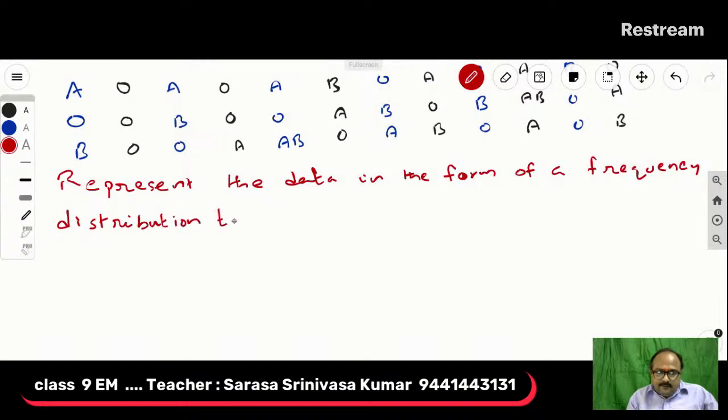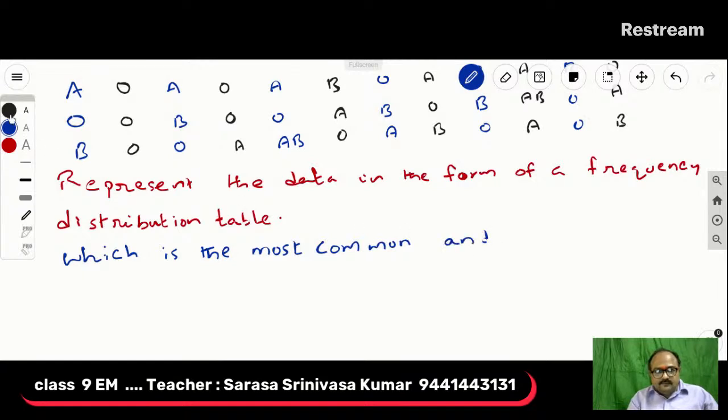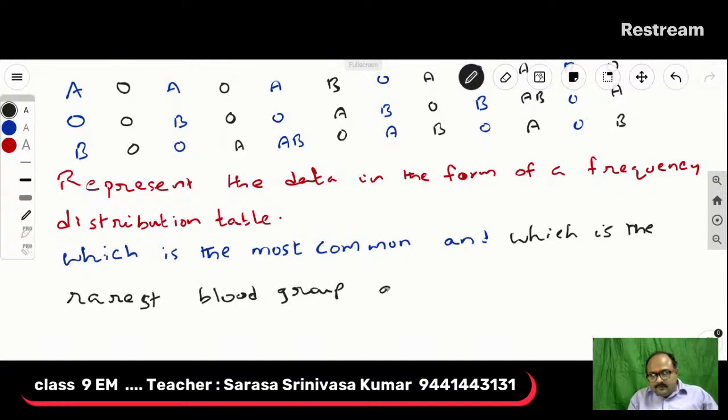Which is the most common and which is the rarest blood group among these students.